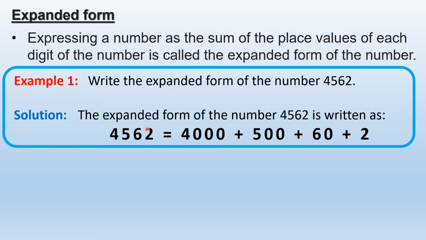The digit 2 is in 1's place. The digit 6 is in 10's place. The digit 5 is in 100's place. The digit 4 is in 1000's place.